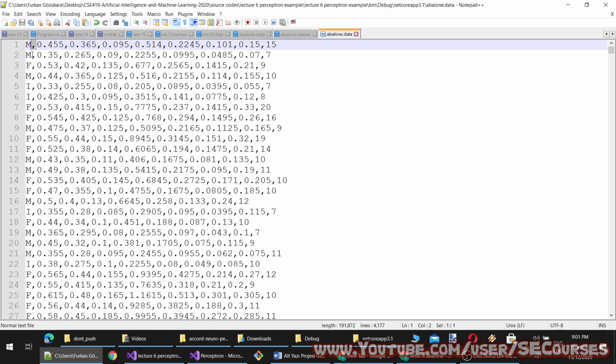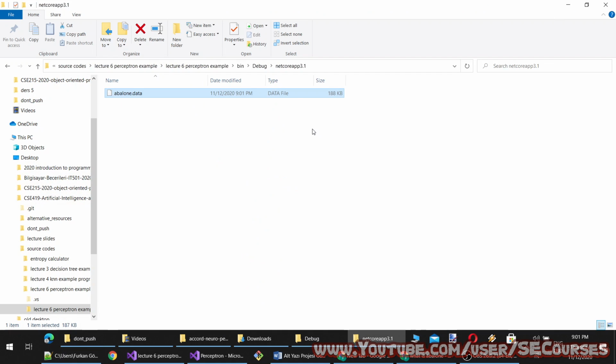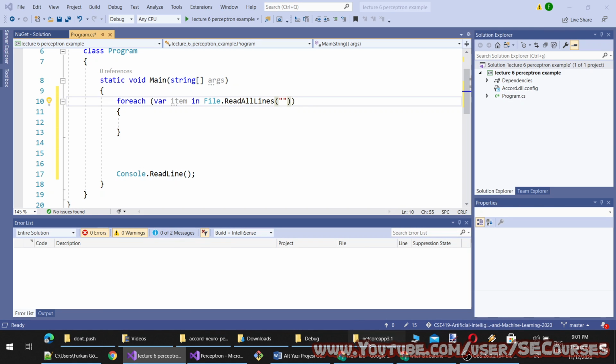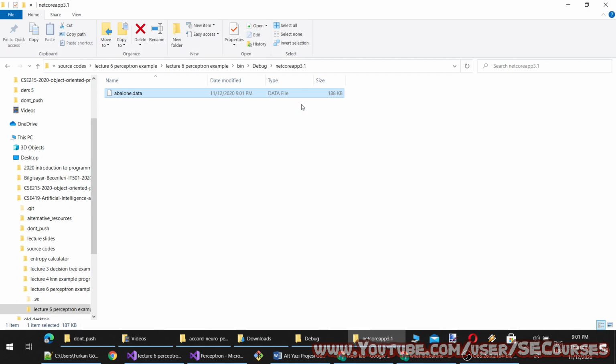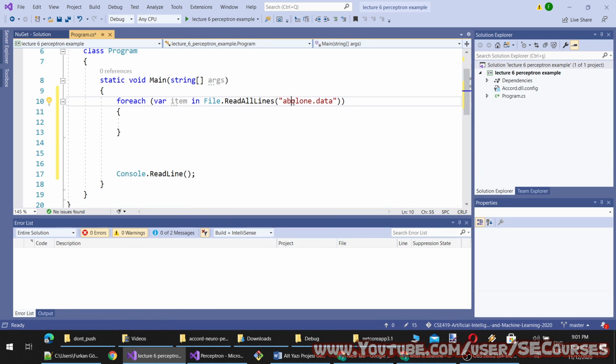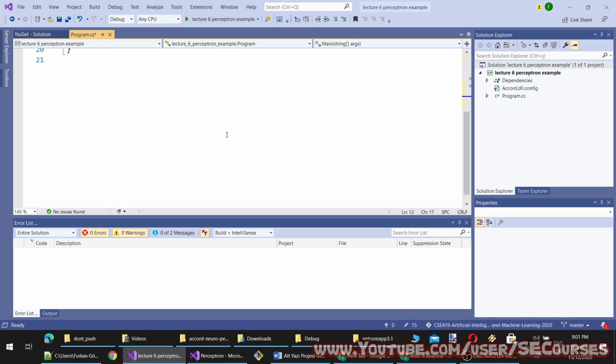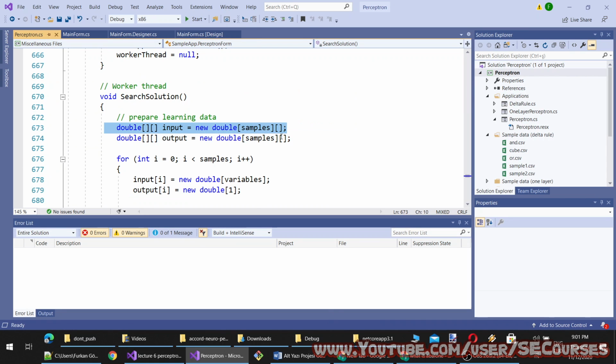The data is separated with commas, as you can see, so it is really easy. Voila. Then I am going to compose my input. It is double.